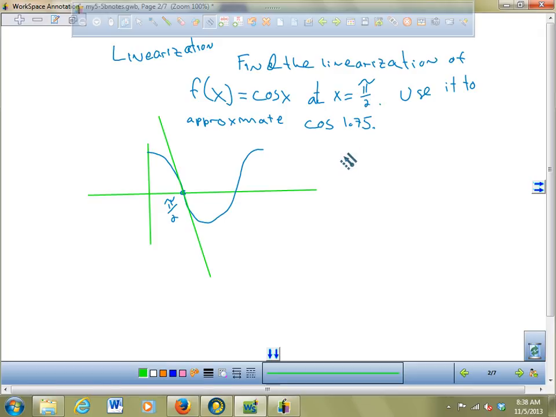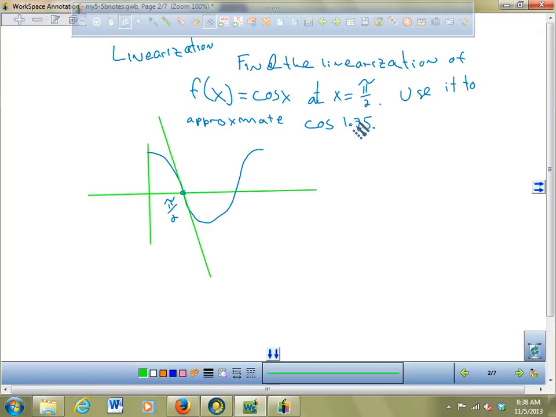In this case, I'm going to use the tangent line at the point pi over 2, which isn't 1.75. It's pretty close, because pi is 3.14, so pi over 2 would be like 1.66 or something like that. So what I'm trying to do is use this tangent line to approximate the value of cosine of 1.75.